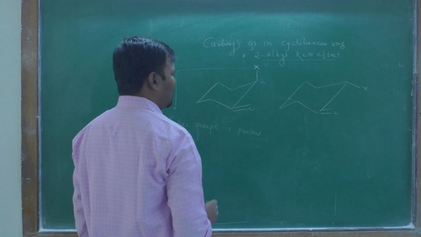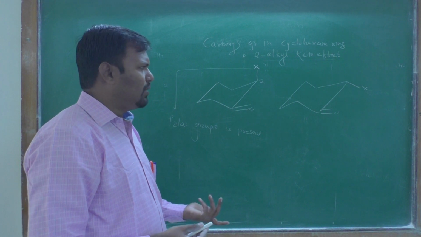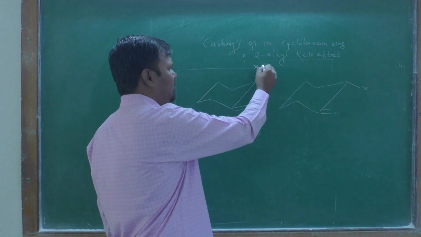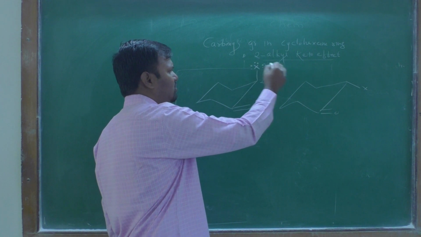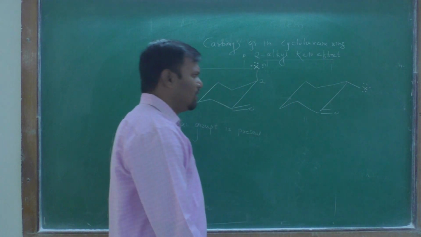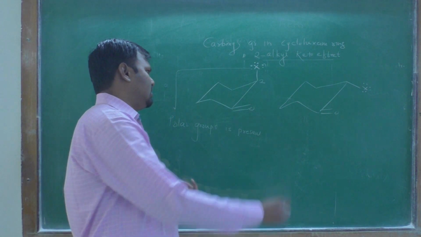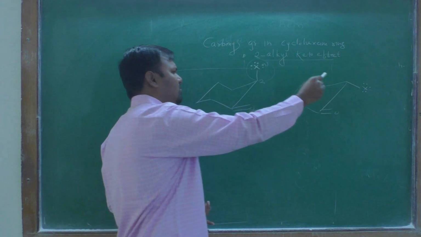Okay, halogens have lone pairs of electrons. Therefore, it has 6 lone pair electrons. Okay, if it is a halogen, it has 6 lone pair electrons. Therefore, that is a polar molecule.